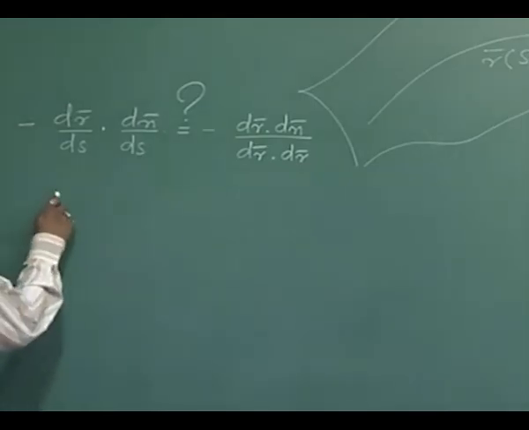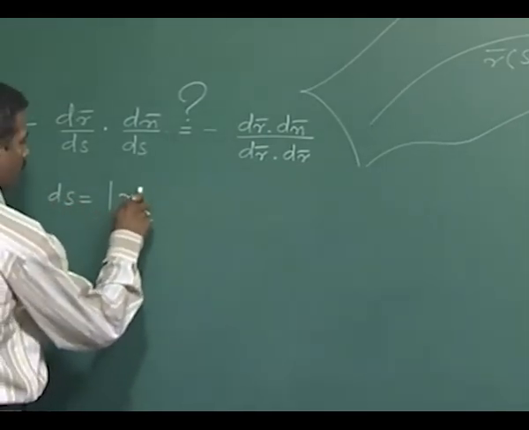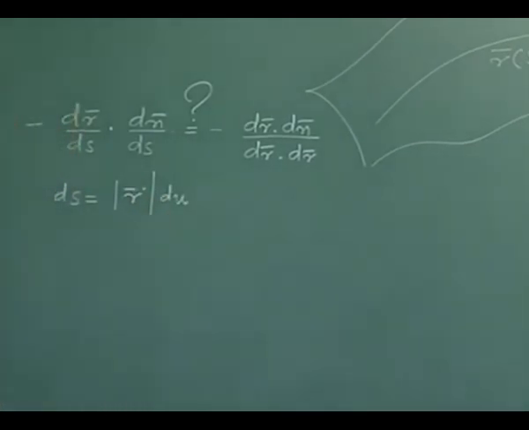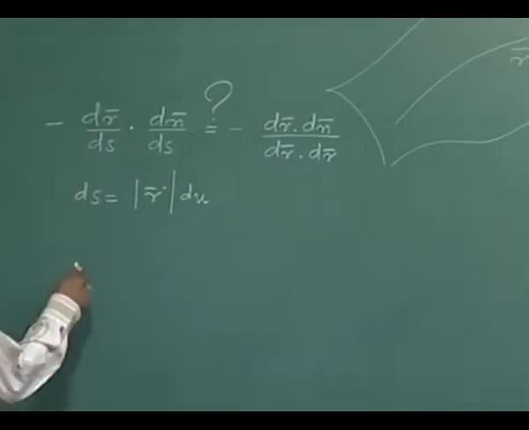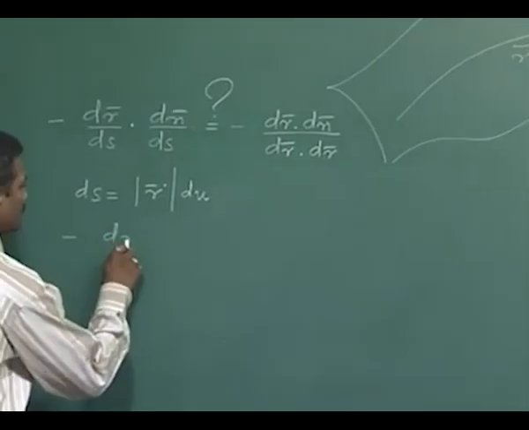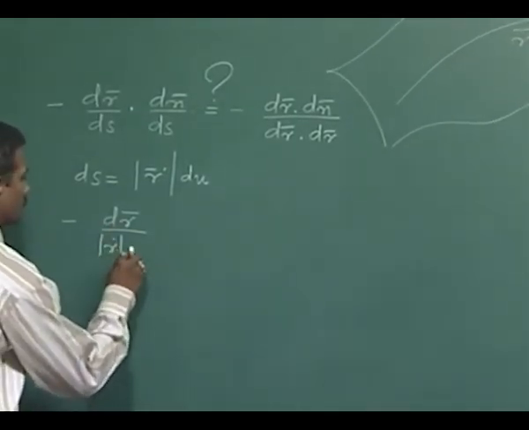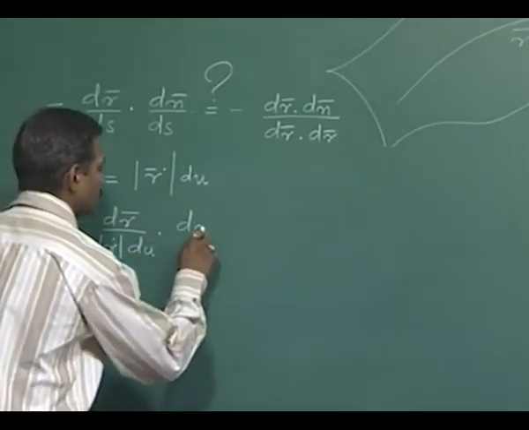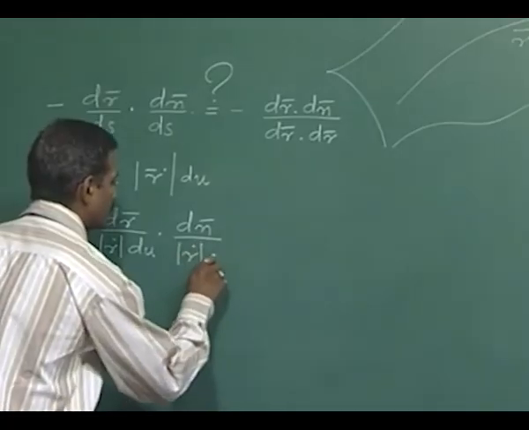So I can write ds as modulus of r dot du, and I can substitute this result here. So I get minus of dr over modulus of r dot du dotted with dn over modulus of r dot du.